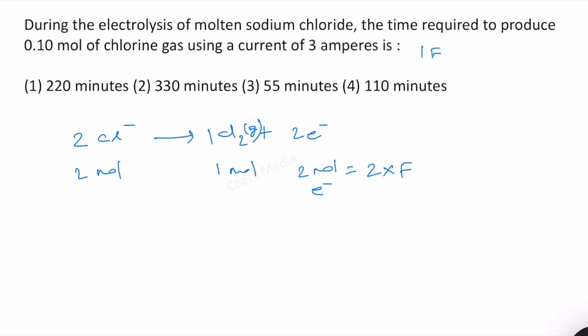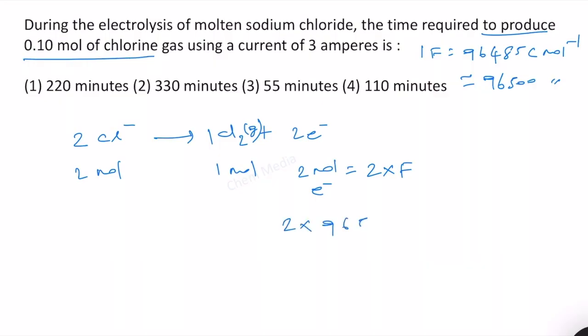1 Faraday is equal to 96,485 coulomb per mole. I am approximately taking it as 96,500 coulomb per mole just to do the calculation easily. Now, we have determined that for 1 mole of chlorine gas, it is 2 Faraday, and therefore, to produce 0.1 mole of chlorine gas, what would be the charge required? 2 times 96,500 times 0.1 mole divided by 1 mole.